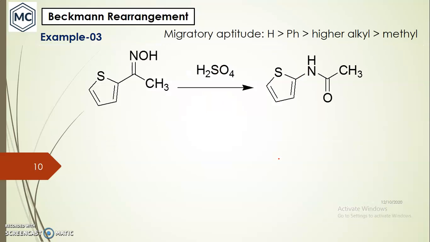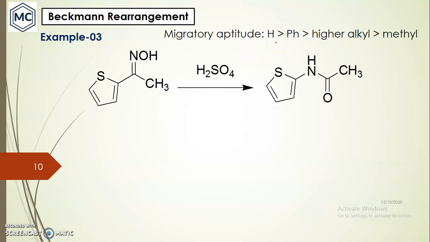Okay. And third example, if you come up with a problem like this, where the hydroxyl group is not specified, which isomer and which one will migrate here? If you have two different groups attached to this carbon, in the presence of acid, the migratory aptitude is like this.